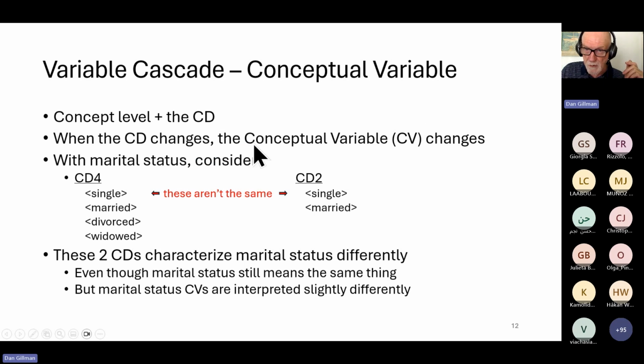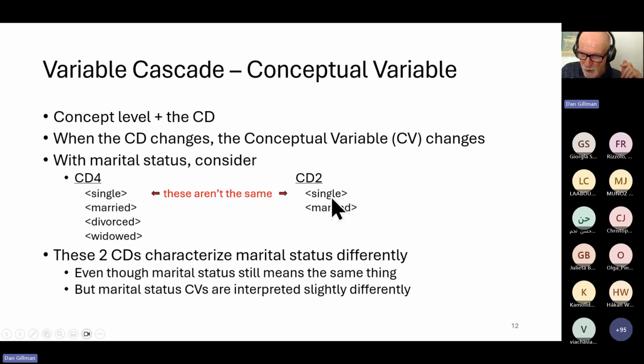If we go to the next level, the conceptual variable, that includes the concept, but it also includes the conceptual domain that the variable will use. So we can have one conceptual domain for the marital status. We can have four categories. We could also represent marital status using two categories. But note if we have a category single in the two category set, it will not mean the same thing as the single in the four category set.